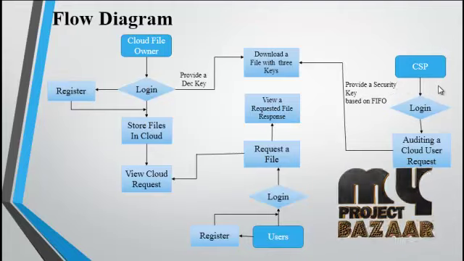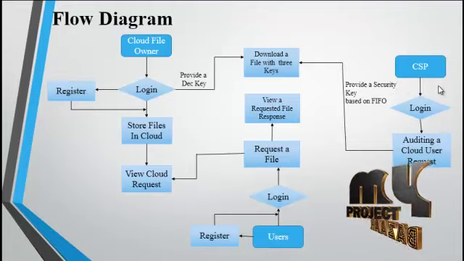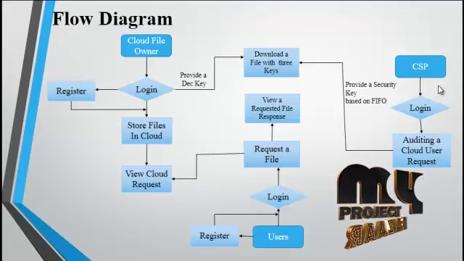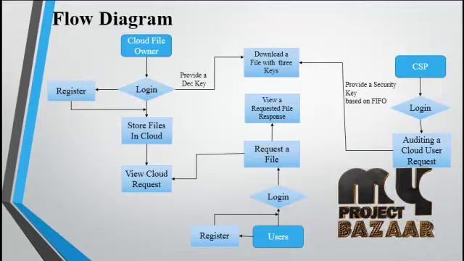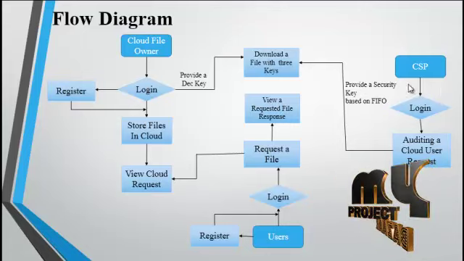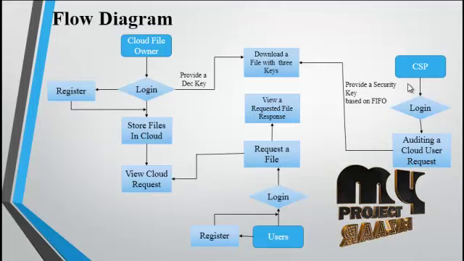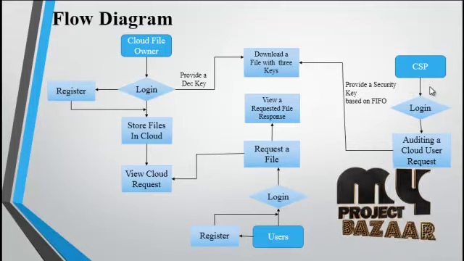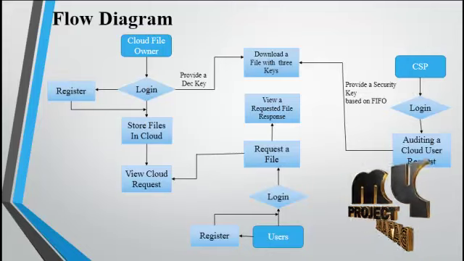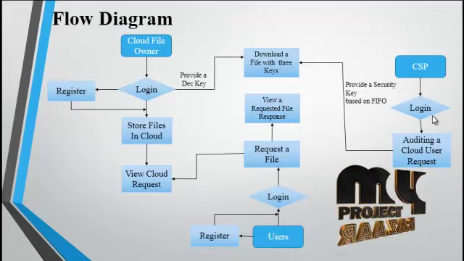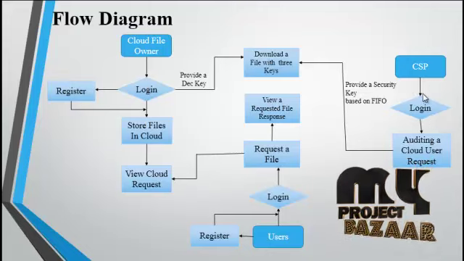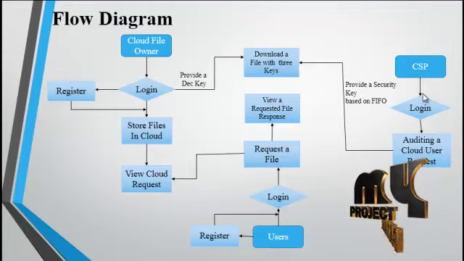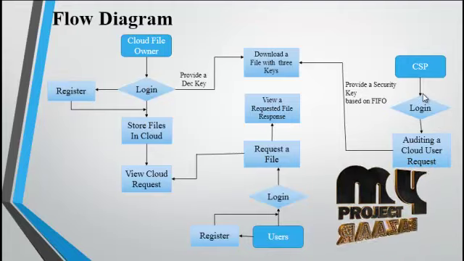The CSP in this model is mainly designed for auditing the number of user requests and providing a key. Initially, it logs in with username and password. The CSP only has the right to provide a security key to the user. The CSP admin can view all the requests and provide a valid cloud key to the user.